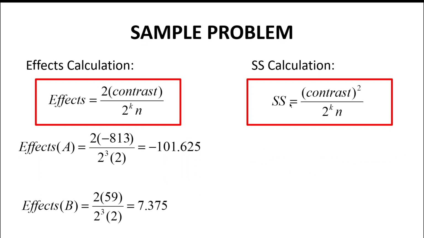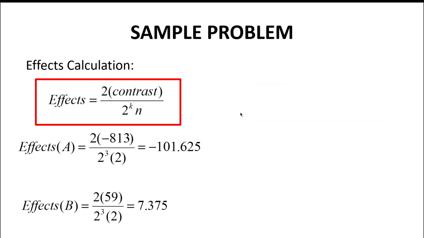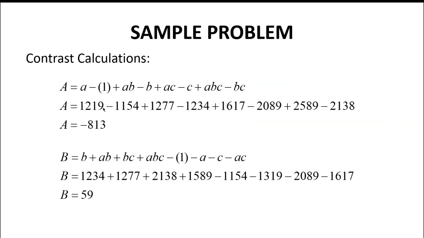Pero the effects do not tell us if it's statistically significant or not, no? So para mag-compute yun, kailangan pa rin natin mag-Anova table using sum of squares. So from the contrast, pwede natin mag-compute din yung sum of squares, no? So the sum of squares is equal to contrast squared divided by 2 to the k over n. So to compute for contrast, i-add lang natin lahat ng values, hindi ko masyado ma-explain siya, no?